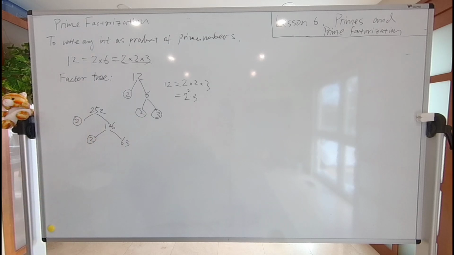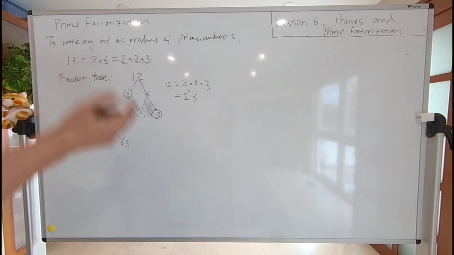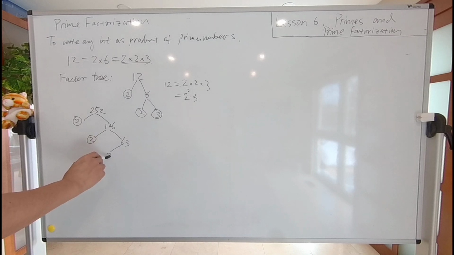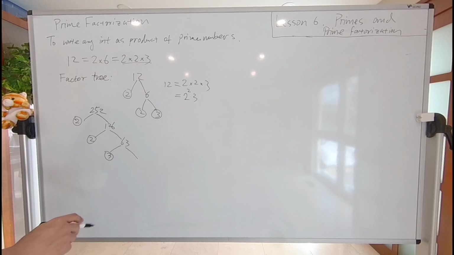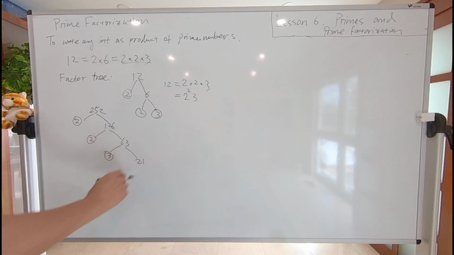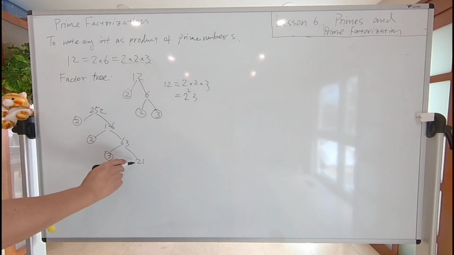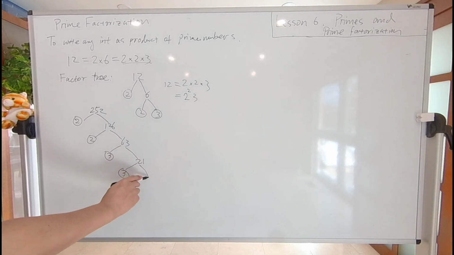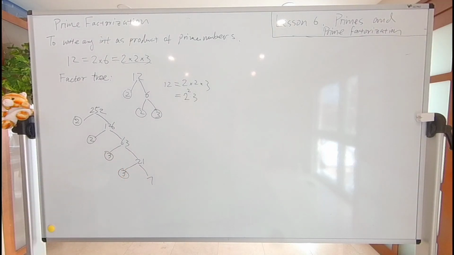Then we move to check the number 3. Again, remember the shortcut we learned: we can check by adding the digits together. 6 plus 3 is 9. 9 is divisible by 3, so this number should be divisible by 3. If I divide by 3, the remaining number is 21. 21 can again be divided by 3, and it's actually 3 times 7 equal to 21.